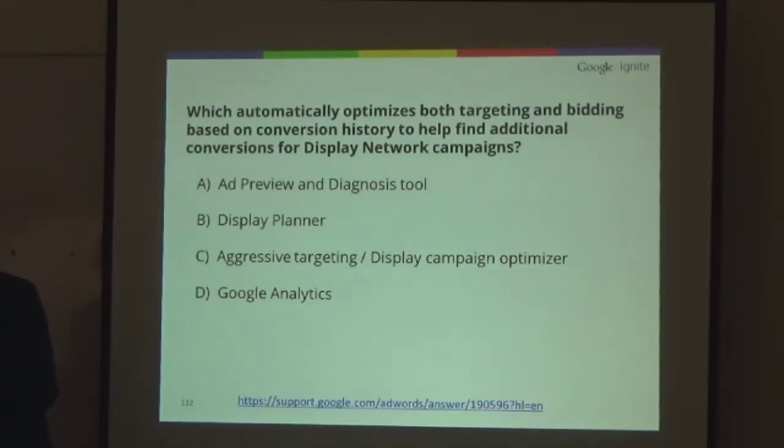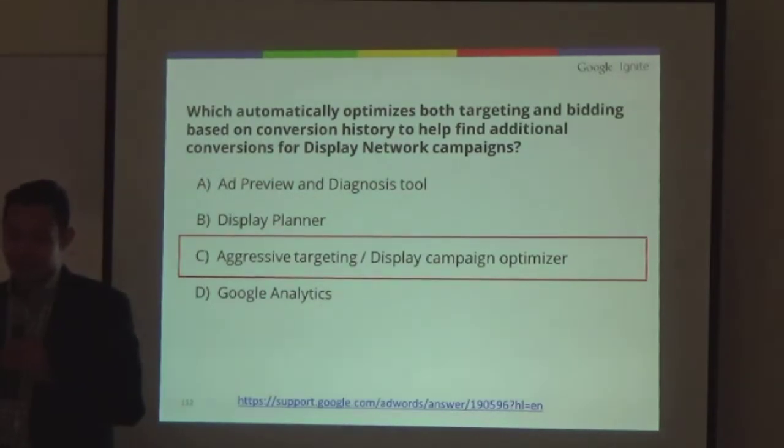Can you use that tool for targeting and bidding? No. Google Analytics is a tool to collect data on behavior and interaction that happens on your website, so that you can turn that data into business insights to analyze what works and what doesn't. That's the main purpose of Google Analytics.